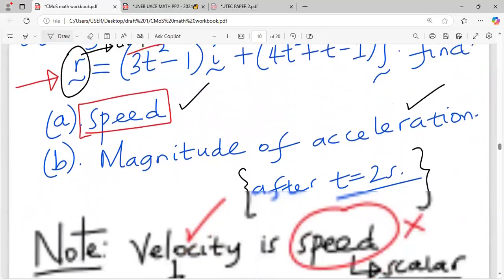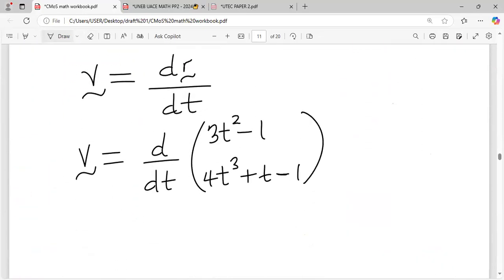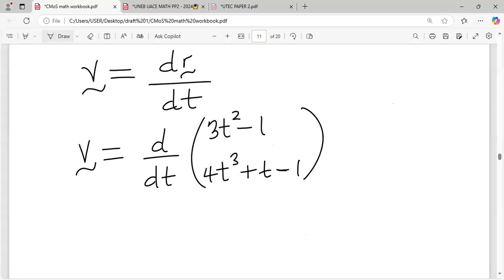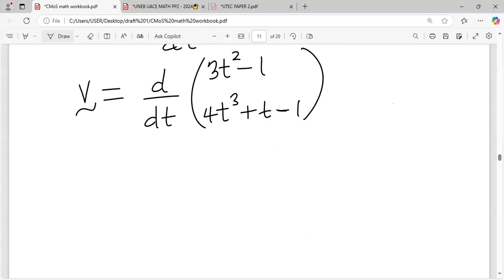Then I write it in column form like that. Then we differentiate, because now it is very clear that we are differentiating with respect to t. So is that hard? From there, I proceed and say my v is now, when I differentiate 3t squared minus 1, I get 6t.